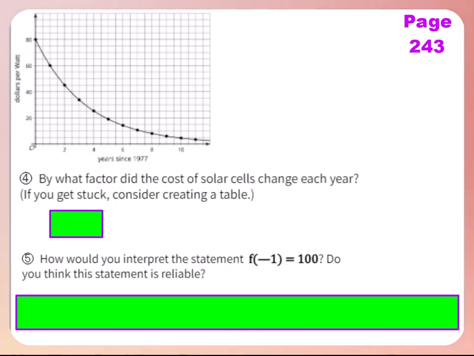Page 243. By what factor did the cost of solar cells change each year? If you get stuck, create a table. All right, so I'm going to take 2 points. I'm going to start with that initial point, 0, 80. Now you find another point, any other point. Okay, now if I can, I'm just going to go out 1 and go up.